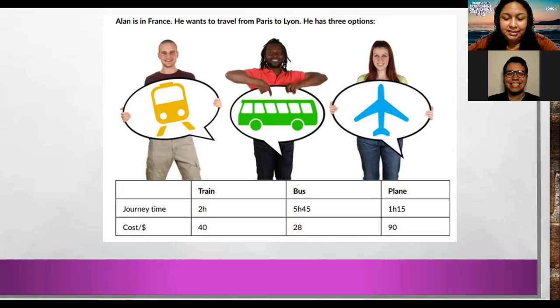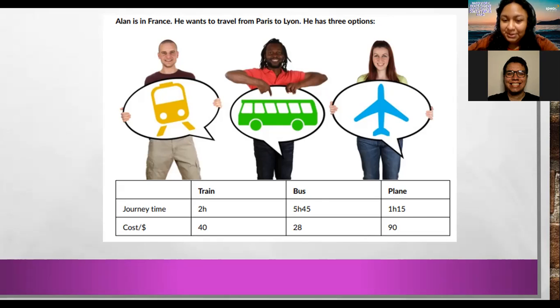The train goes a little bit faster, but since the train has to make stops, the plane just goes from one city to another, so that's why it's faster.